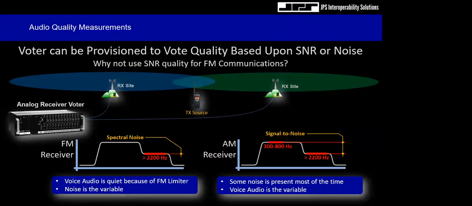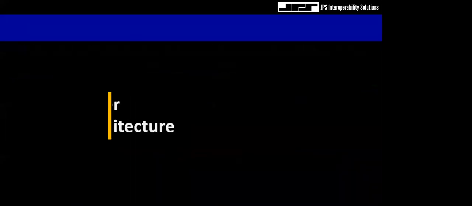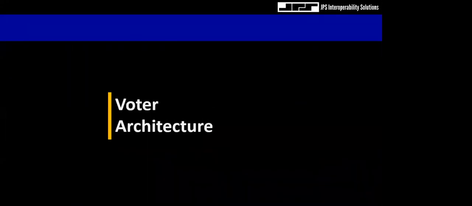So it's harder to use digital signal processors in AM communications. It's actually more difficult. FM is very simple. We just use digital filters to measure spectral noise above 2 kilohertz, and that simplifies our efforts. Okay, so that's how we measure quality. Not how loud a system is, but based upon the quality.